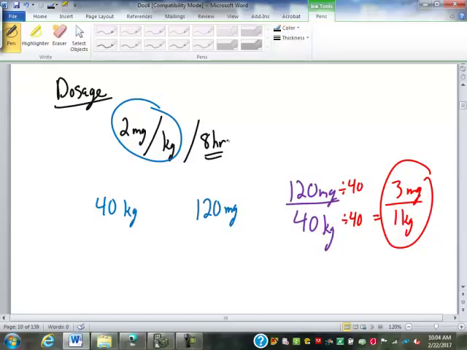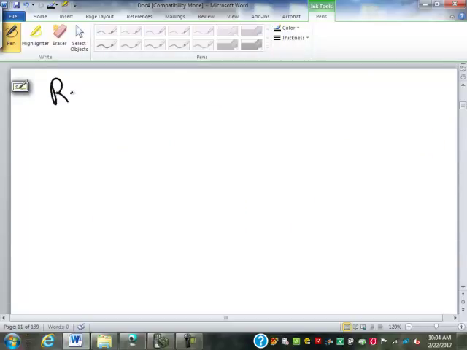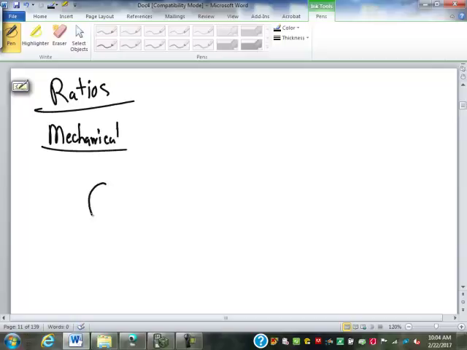So let's look back at our ratios. There are a ton of ratios out there. Now, depending on what program you're looking at, some of these ratios may apply to you, some of them may not. If you look at the mechanical side of it, mechanical ratios, we're going to use our imaginations for a while because I'm going to draw pictures.